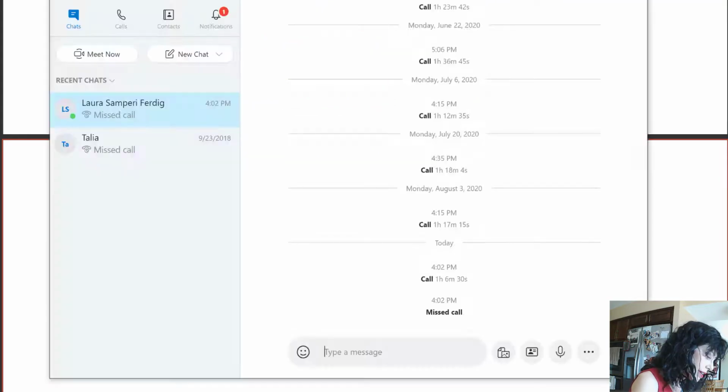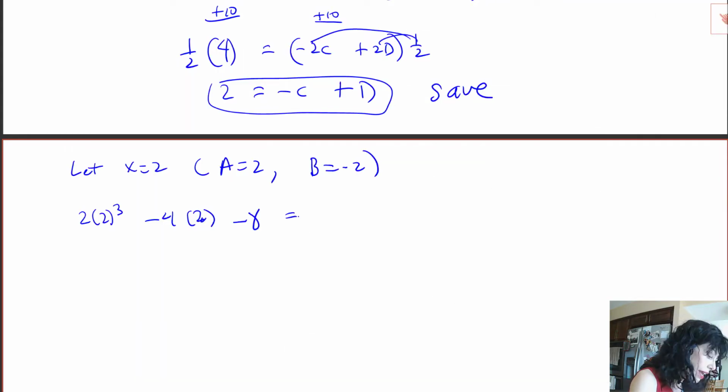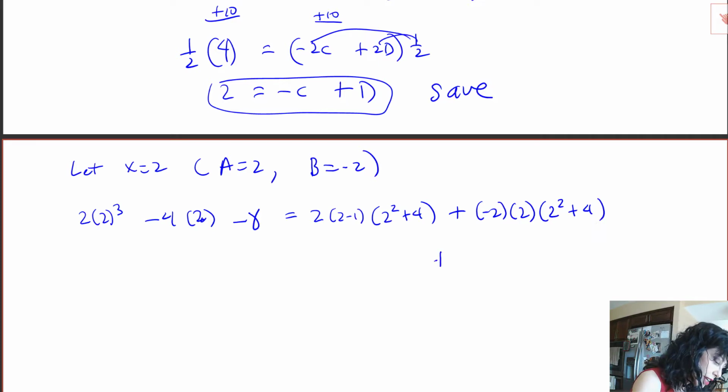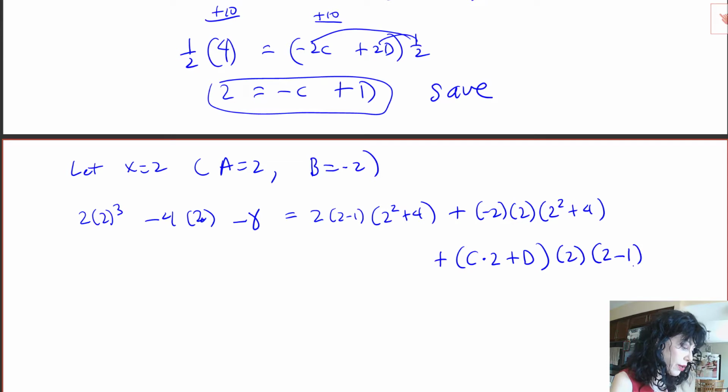On the right-hand side, we're going to have a, but a is 2, times 2 minus 1, times 2 squared plus 4, plus b, but remember we got b, it's negative 2, times x, but x is 2, times 2 squared plus 4, plus cx plus d, but that's c times 2 plus d, times x, but x is 2, and then 2 minus 1. Okay? So let's clean this up with our arithmetic.